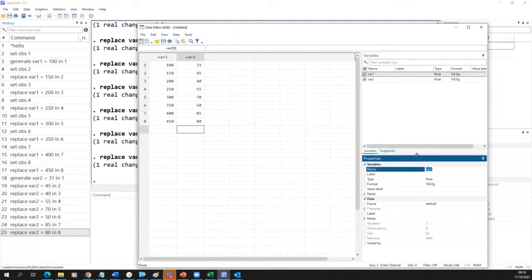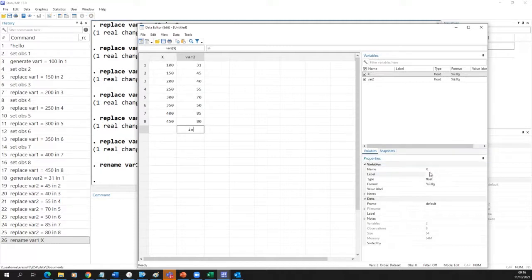I'm going to change var1 to X because that's what it's called in the question, and I'm going to put a label in. The label is income. Oh, sorry. Put it in the wrong place. Don't want it there. Income.